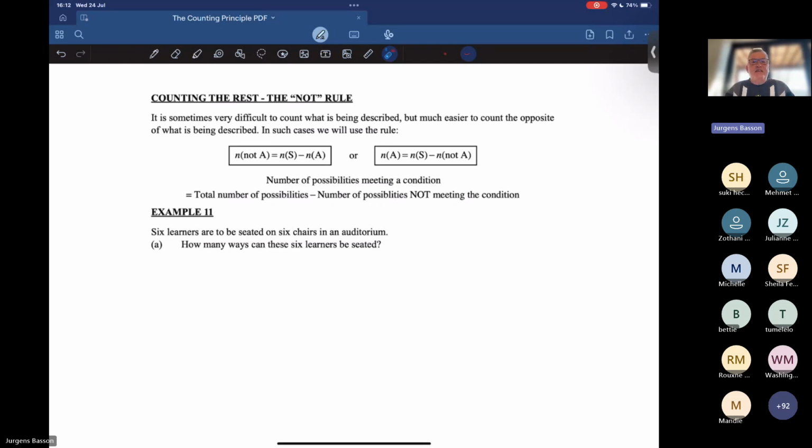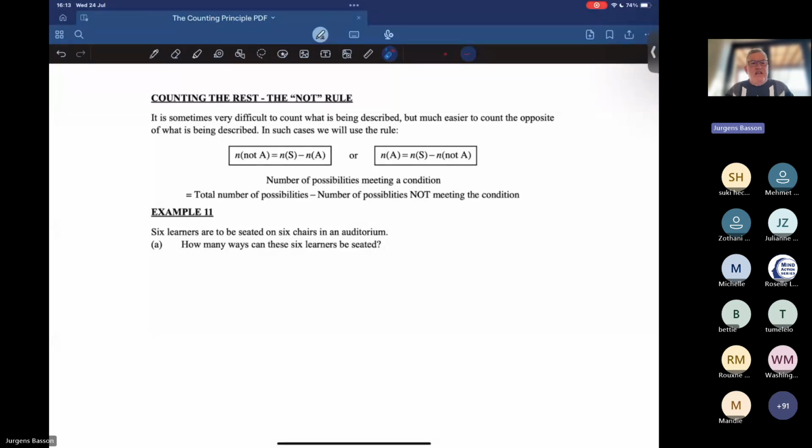And it's the N of S minus the N of A. Or the N of A is equal to the N of S minus the N of not A. So the sentence I wrote there above says that it's sometimes very difficult to count what is described exactly, and much easier to count the opposite. And then we subtract it from the sample space. But let's have a look at this problem, and then you will exactly see what I mean by this.